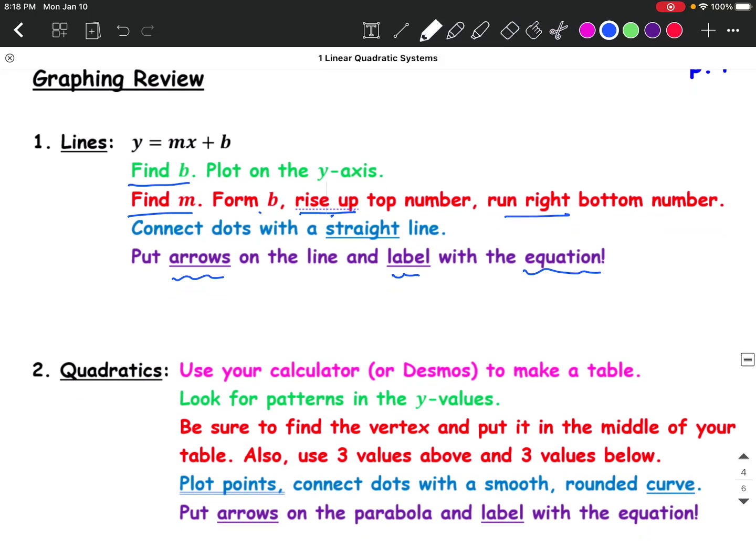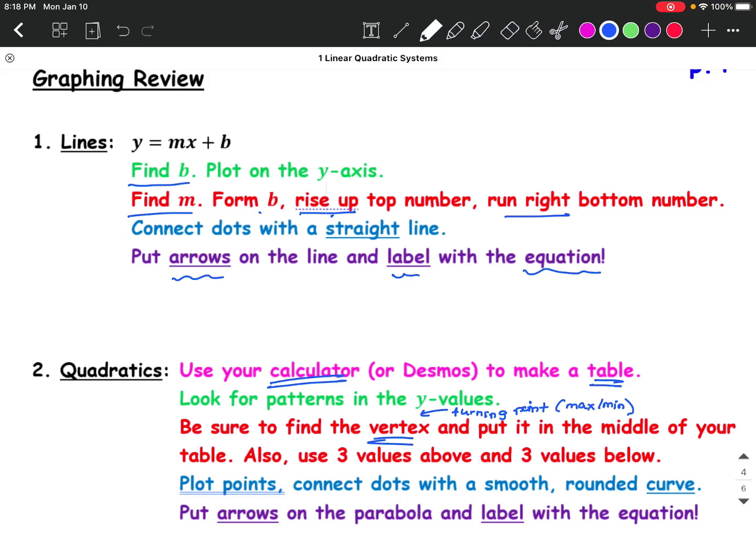Next, when we have the quadratic, you're going to use your calculator. If you're at home and don't have a calculator, use Desmos on your Chromebook. And you're going to make a table. Now, the trick is when you have the table, the vertex has to be in the middle. That vertex is your turning point. It will either be a maximum or a minimum.